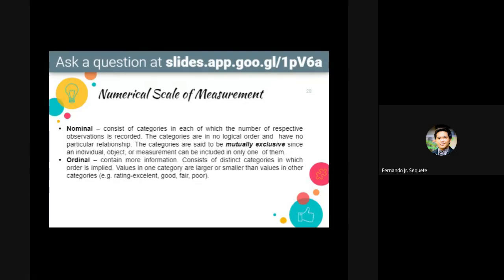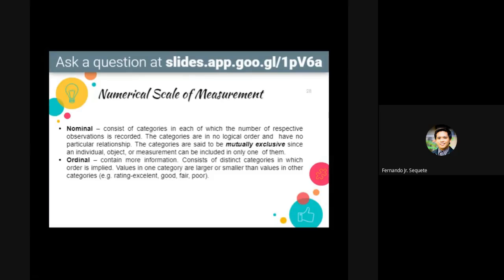So you only ranked. For example, this was common, I do not know if it is still the practice of any radio stations, where they play the top 20 songs for that day or for the whole week. The top 20 there is actually an ordinal numerical scale of measurement.